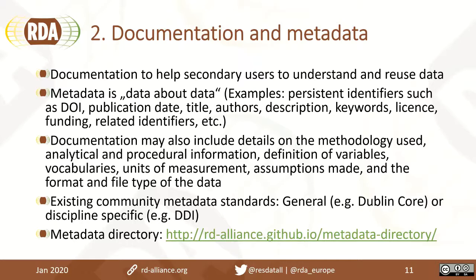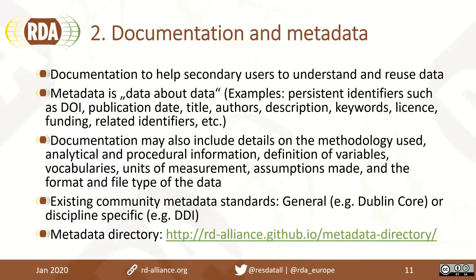This metadata might include also details on the methodology that was used, analytical and procedural information, definition of variables, vocabularies, units of measurement, assumptions made, the format and file type of data. So metadata can be very rich. For example, the DDI standard used in social sciences, for a survey questionnaire, includes for each question, all the variables or the questions that were asked.